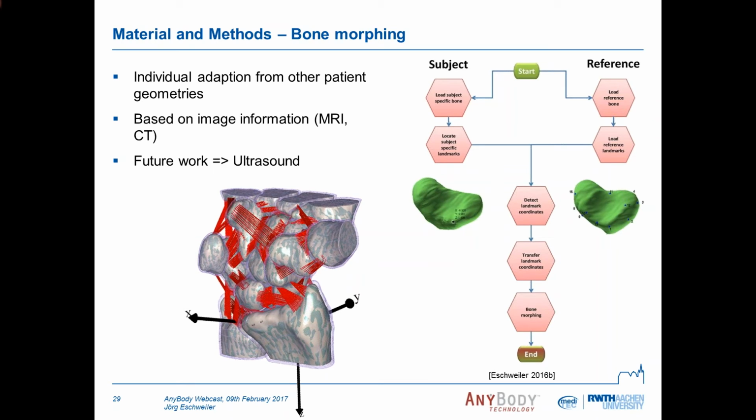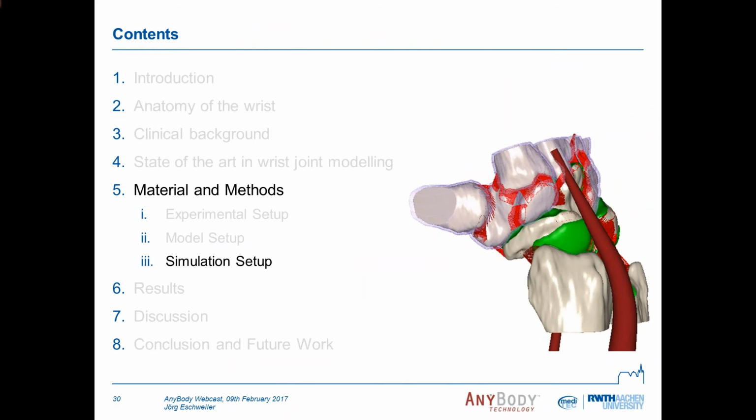One part of our future work is to use ultrasound for information acquisition and respectively then for model adaptation. On the picture here on the right side, this shows a workflow for the patient-specific model adaptation. Yeah, that brings us to our simulation setup.